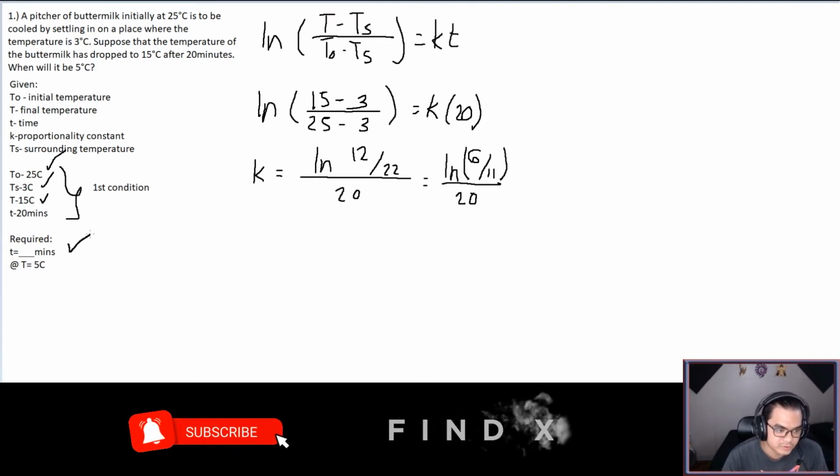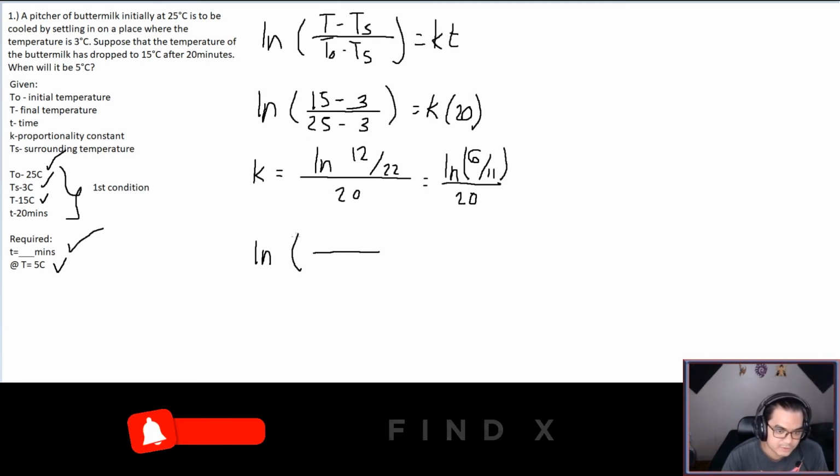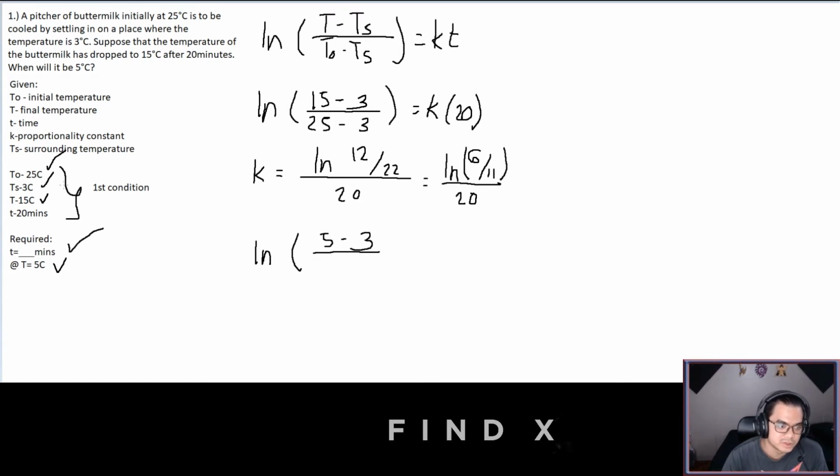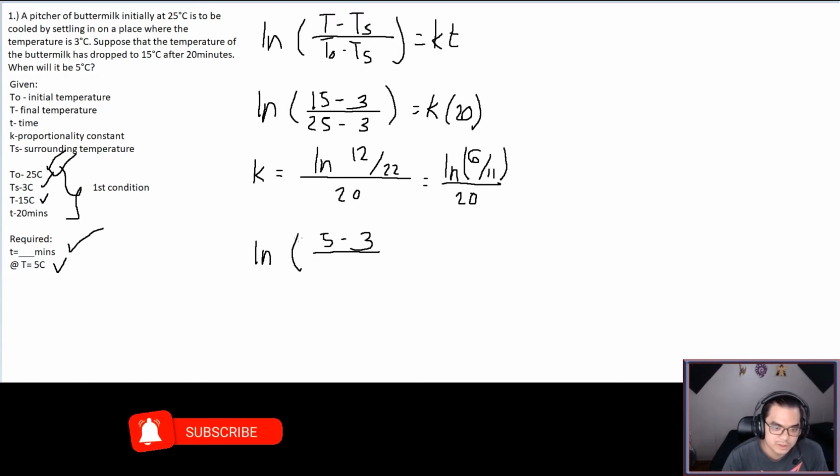So we already have the value of k. Let's use the second condition. Using the formula again, you'll have your ln of, what's the value of t? T is 5, right? So 5 minus the temperature of the surrounding, which is still 3, and then TO was the initial temperature, which is still 25.